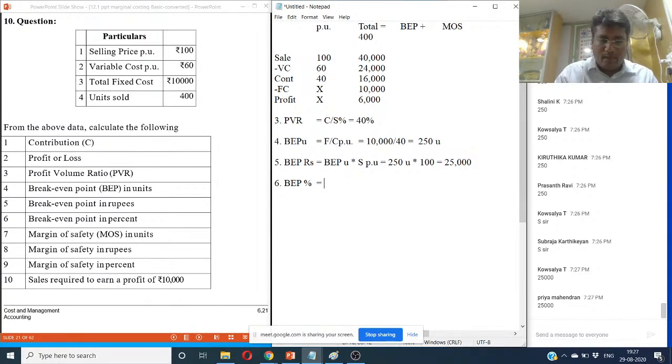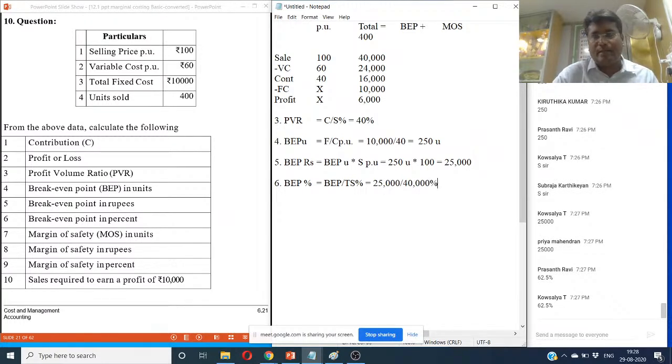Which is nothing but BEP by total sales in percent. Avvalavudhaan. Indha maadhiriyaana vishayangalai mind-la vachukkanum. So 25,000 is the BEP divided by total sales being 40,000. You can represent that in terms of percentage. Yeah, 62.5%. Very good, we got it.